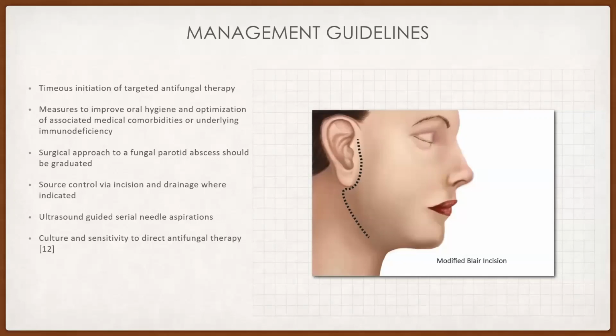Case 2 was more acutely septic, therefore requiring a more urgent incision and drainage in theatre. Thereafter, the patient was treated with culture-directed antifungal therapy. These two cases depict the importance of primary management of a fungal parotid abscess via surgical source control and thereafter culture-directed antifungal therapy to avoid resistance.